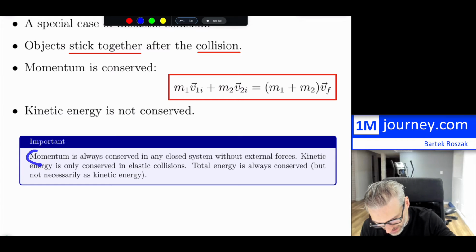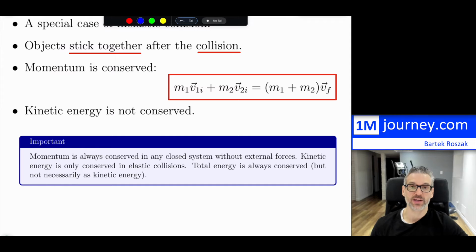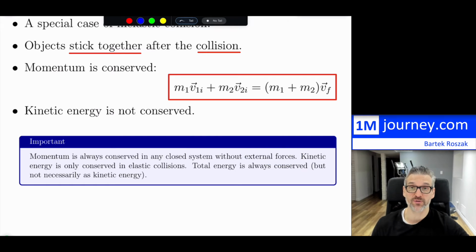Please don't forget, momentum is always conserved in any closed system without external forces being added. We cannot keep adding extra forces, because if that happens, then the net external force is not zero. The kinetic energy is only conserved in elastic collisions, sometimes called perfectly elastic collisions.